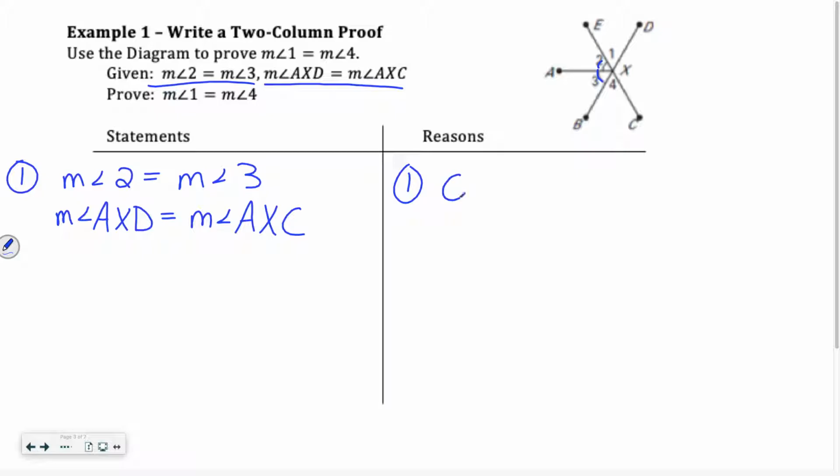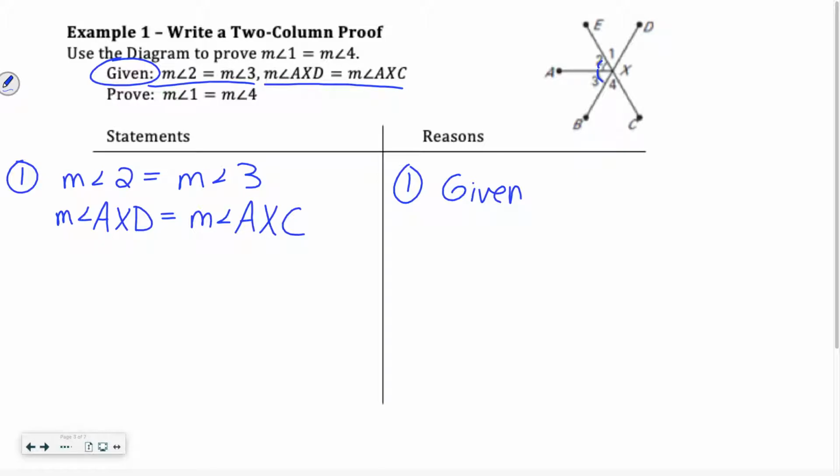And these are the given statements. It's what we know based on our picture or based on what they told us. So there will always be this part.